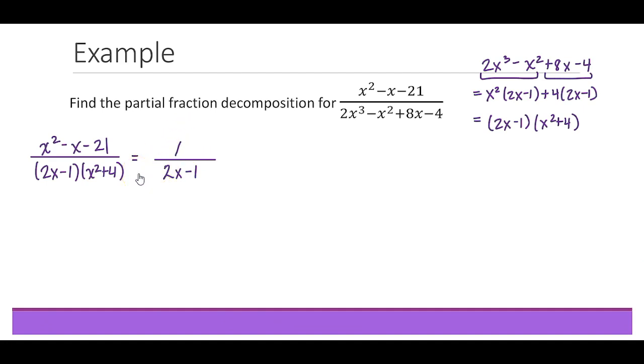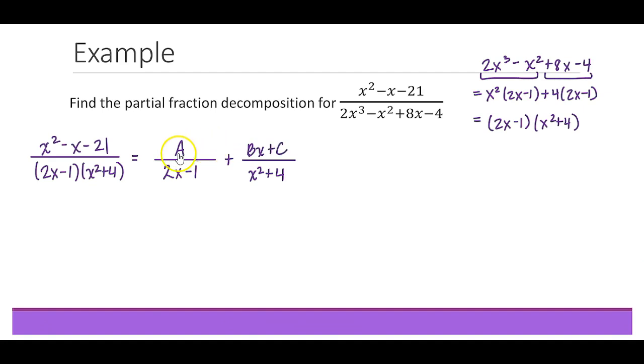So we'll call that a. And the irreducible quadratic term gets a separate fraction, but above it goes a generic linear term. So a linear term in general, I'm going to call bx plus c.